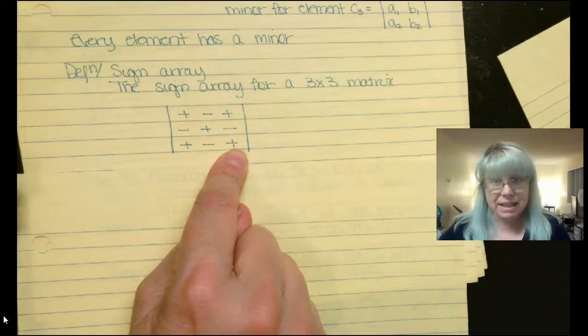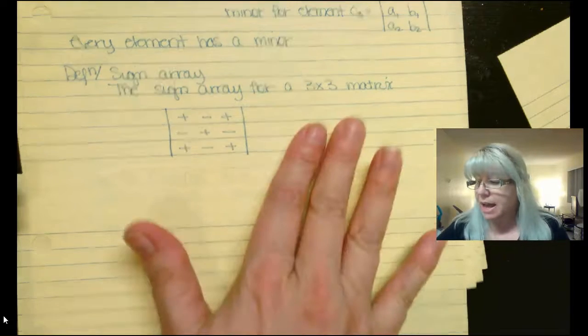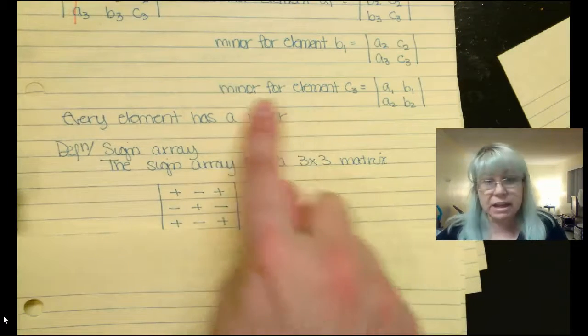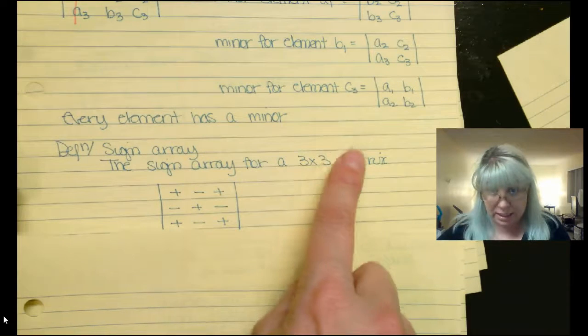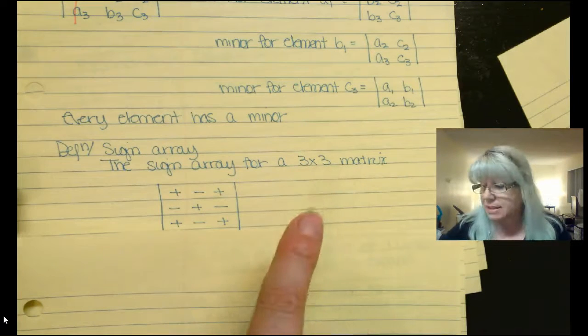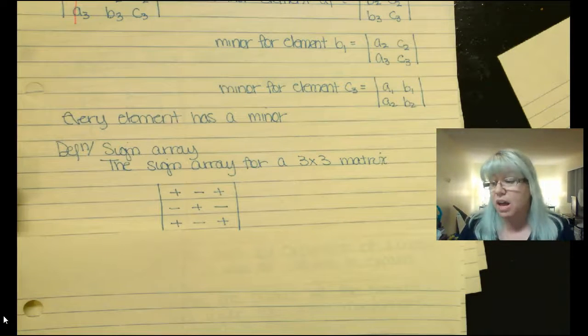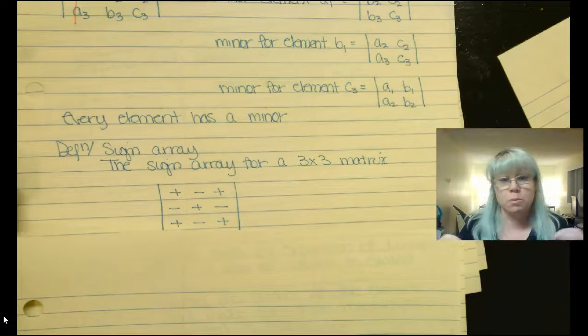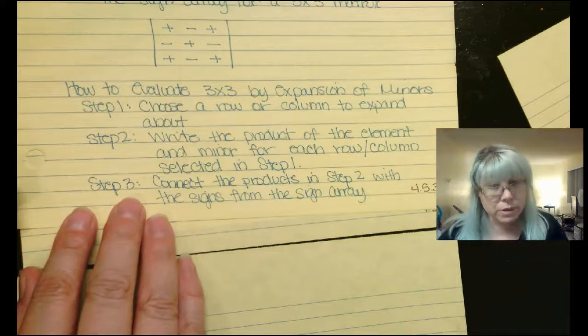Now, it doesn't mean anything yet, but we are going to utilize this information, as well as knowing what the minor for any element is. We're going to use those two facts to create a process to find the determinant of a 3 by 3 matrix. So hang tight. Okay, so here's what we're going to do.